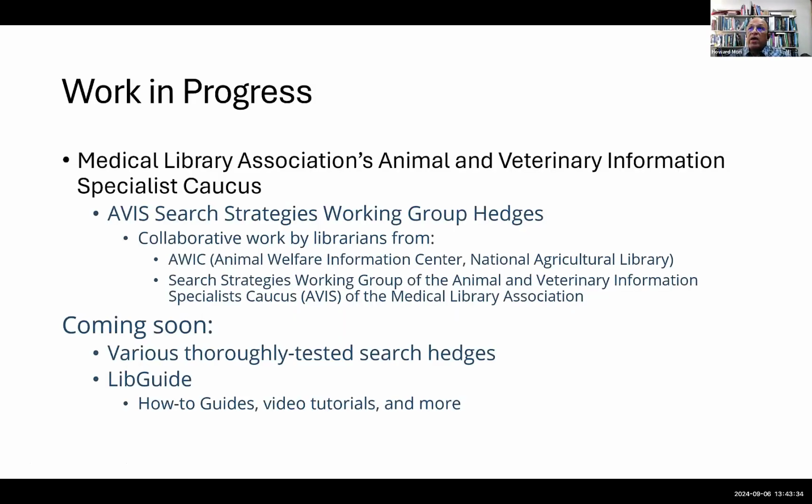All right, work in progress. As I mentioned, I'm working with the MLA Animal and Veterinary Information Specialist Caucus. We have a search strategies working group, and we are working on several hedges. Some of them are ready. What we're also working on is putting together a LibGuide with instructions and how-to videos on how to put these hedges together.